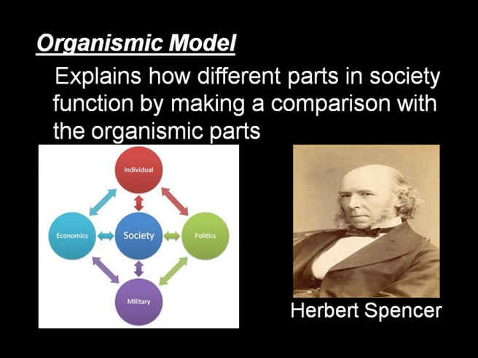Organismic model explains how different parts in society function by making a comparison with the organismic parts. For example, Herbert Spencer views society in this way. As I have explained earlier, Herbert Spencer makes a comparison between human organism and society.